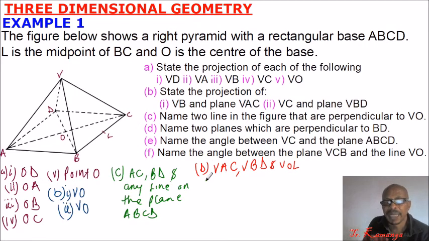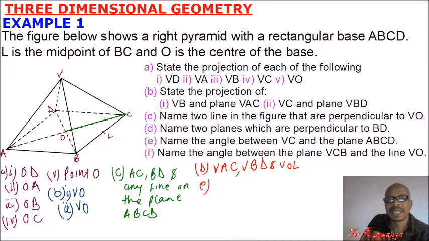We go to part E. Part E, name the angle between VC and plane ABCD. Where is our VC? This is our VC, and the plane ABCD. We said the angle between a line and a plane is the angle between that line and its projection. So the projection of VC is actually OC.